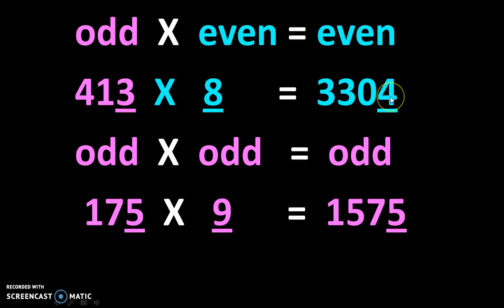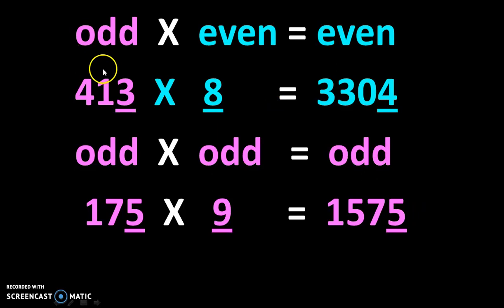We'll check only the ones place to be even or odd. So 4 is even here, so this whole number is an even number. Here 413, 3 is the last number, so it is an odd number. Here 8 is there, so 8 is even. And 9 is odd. Then in this number 5 is the last number, so it is odd. Here also 5 is the last number, so you get odd.